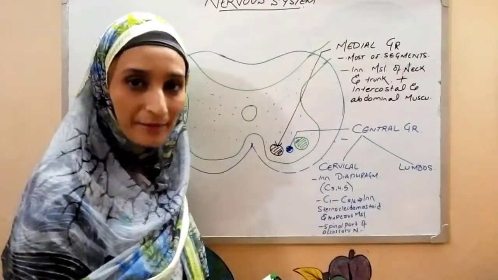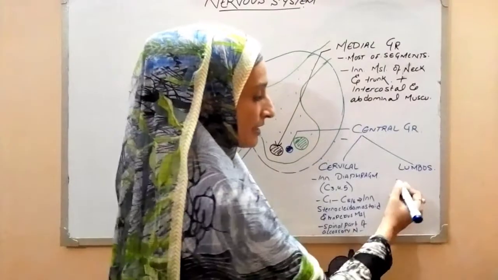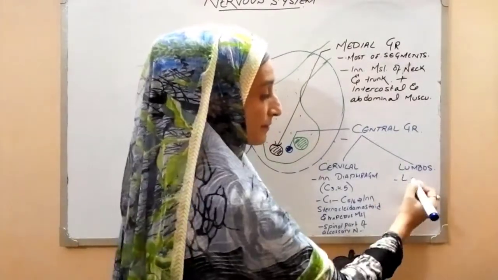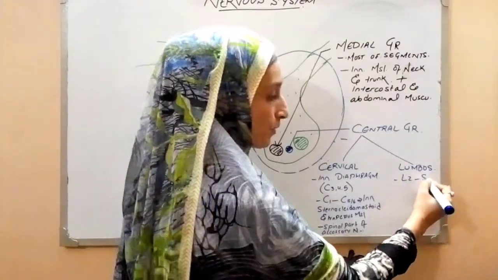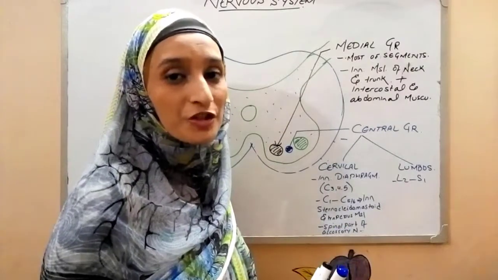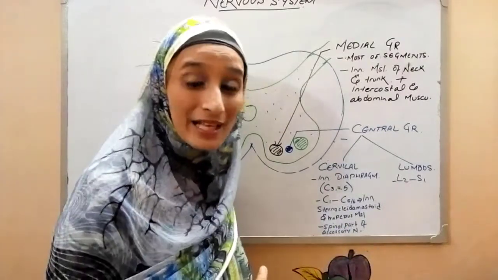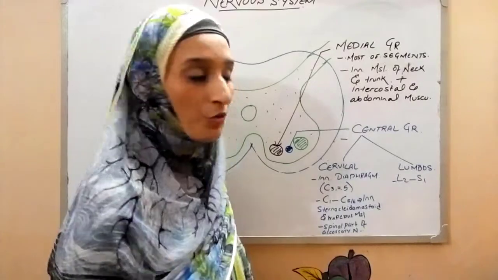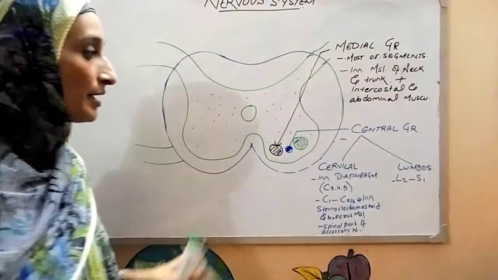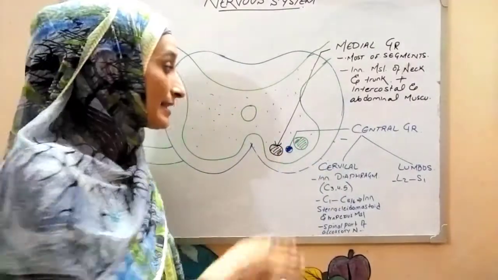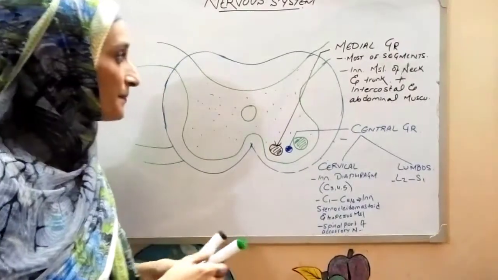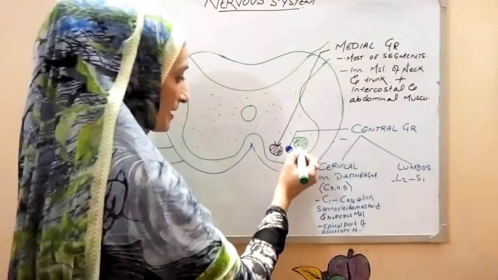The lumbosacral segment involves the segments L2 to S1. However, the distribution of the axons arising from these segments is still unknown. Okay, so let's talk about, last but not least, the lateral group of the anterior horn of the spinal cord.